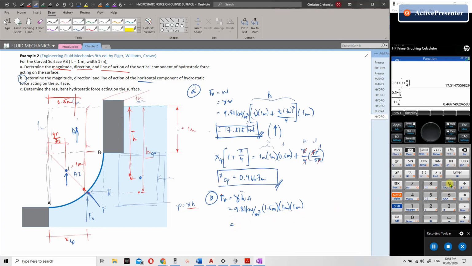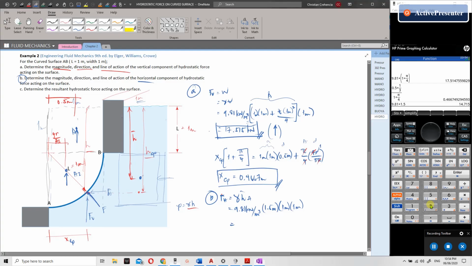So 9.81 times 1.5 times 1 gives 14.715 kilonewton. This is the magnitude.